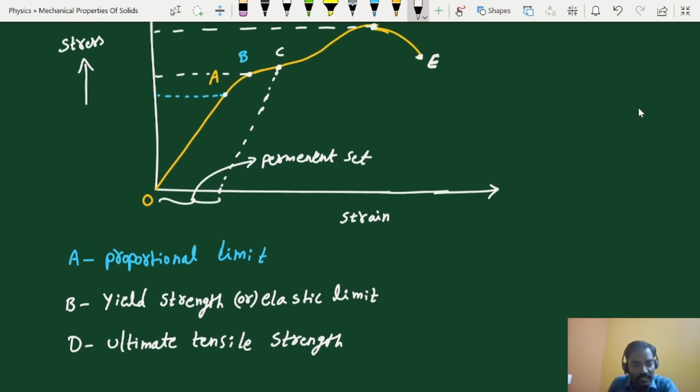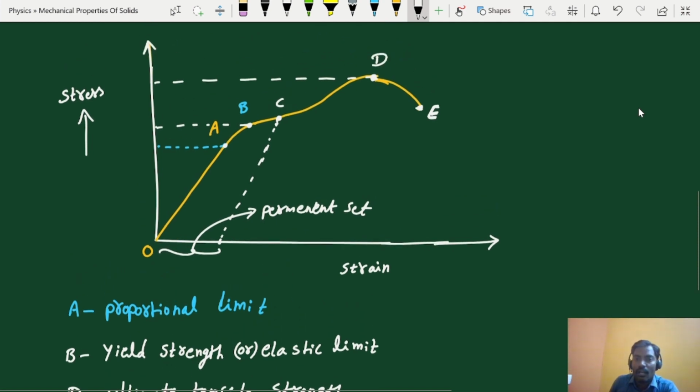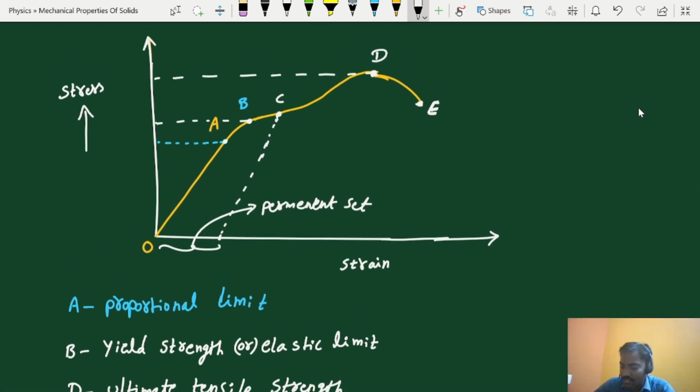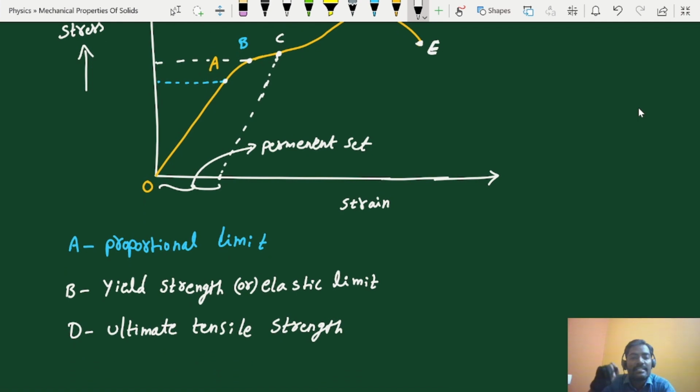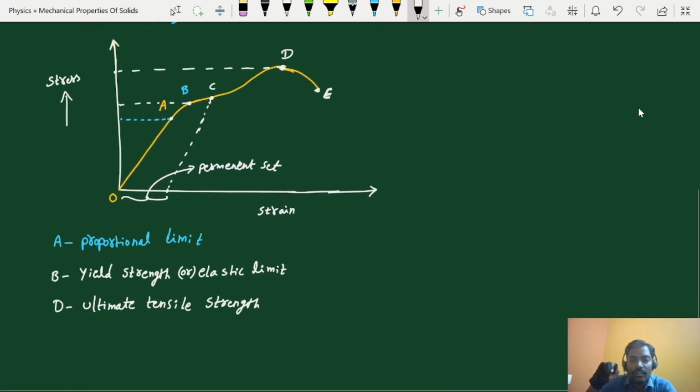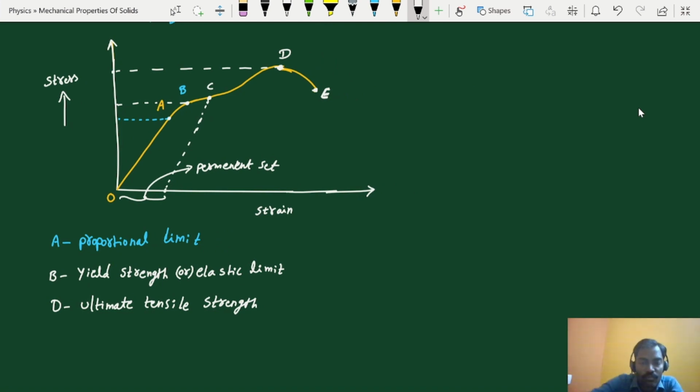Right, students? So here we discuss in detail, furthermore points in detail about this particular graph.